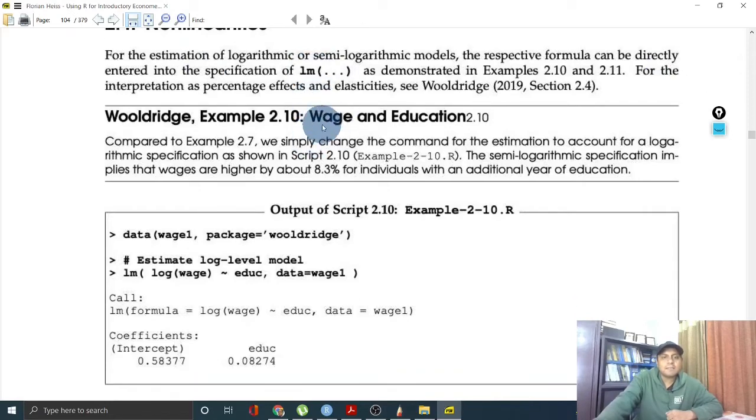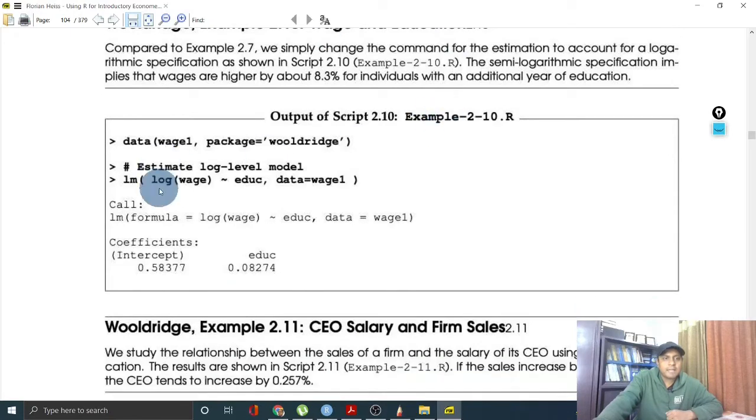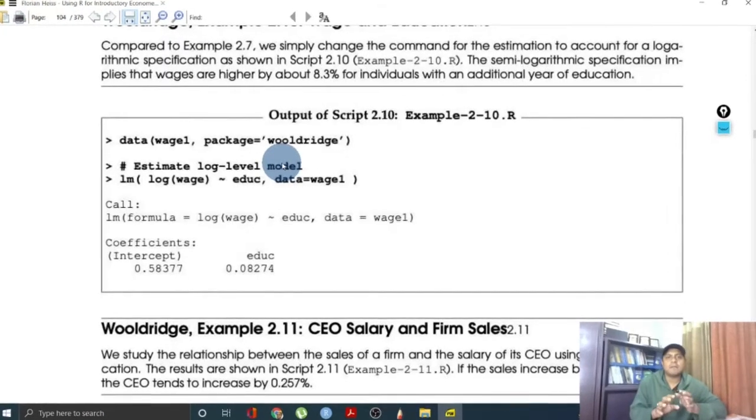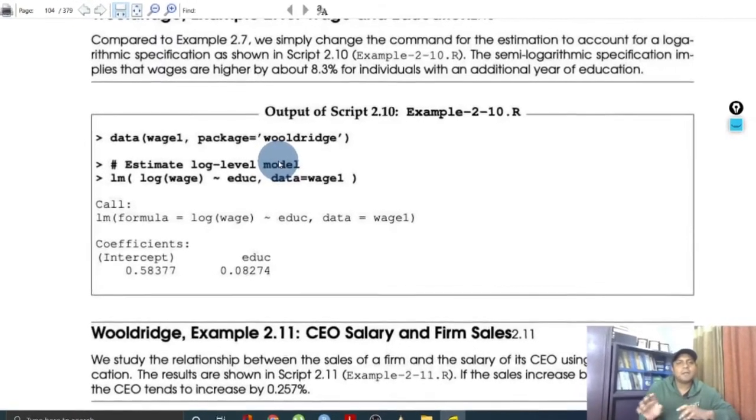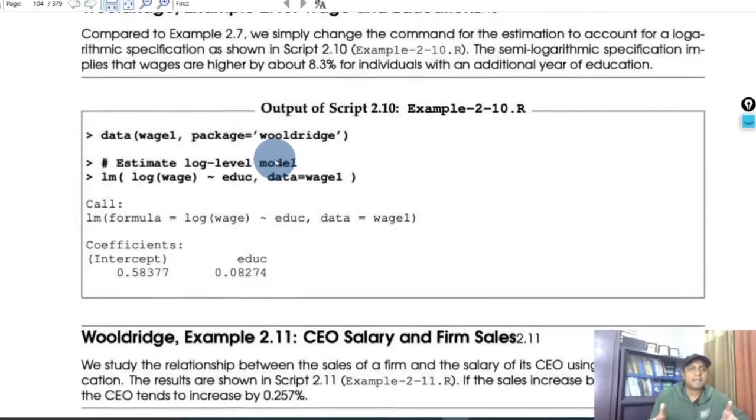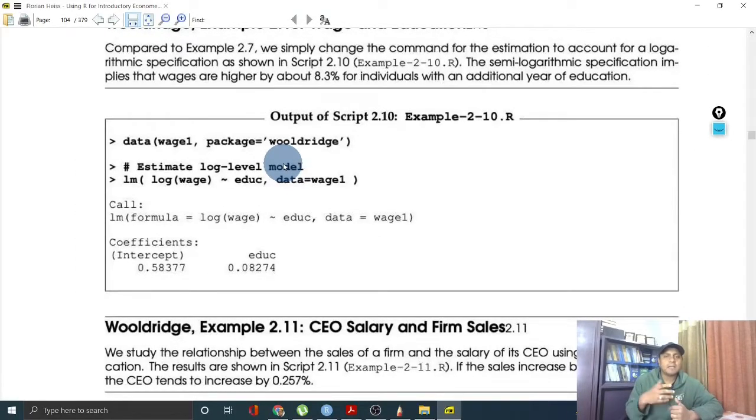We are taking the same example, wage and education, and here you can see the script is very clear. This book has a very nice script, so you can just follow and type it in RStudio, and practice in your own time. I already demonstrated how to do those things in my previous two videos, so of course you know how to do them.